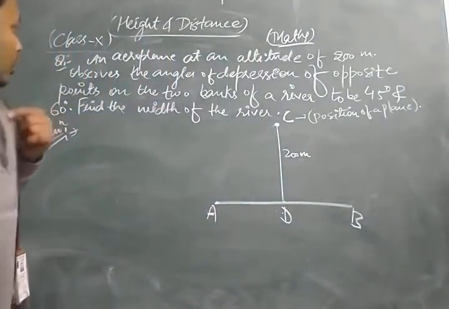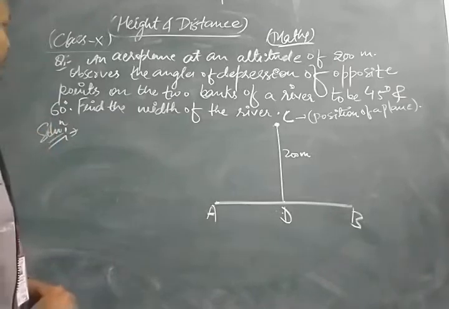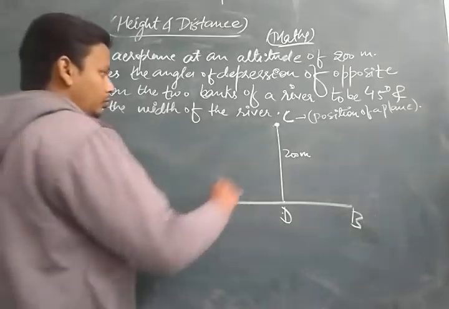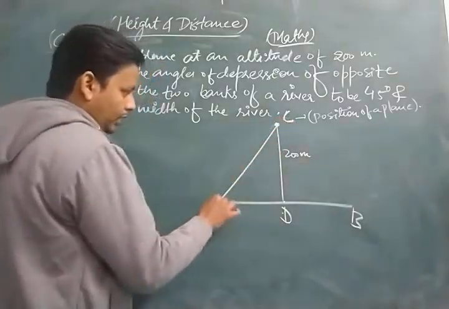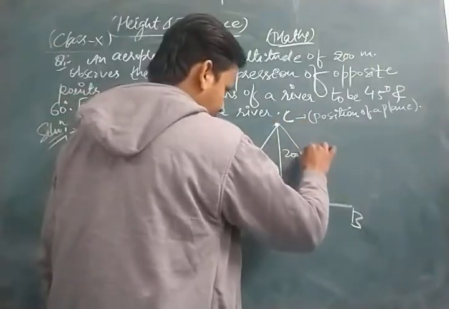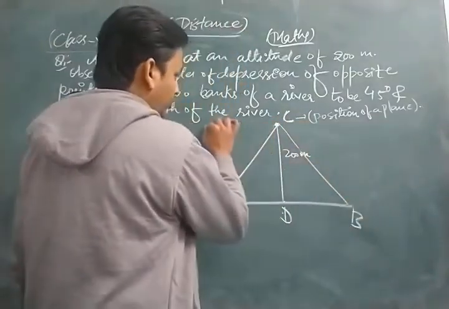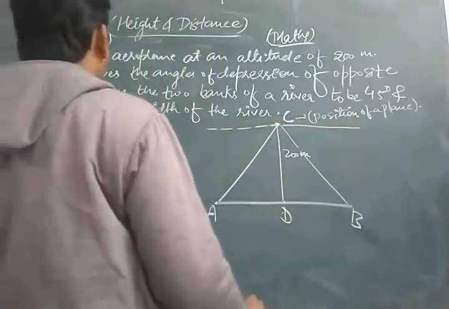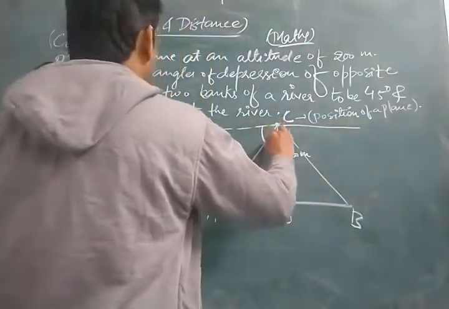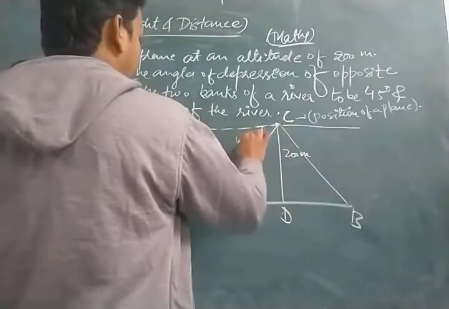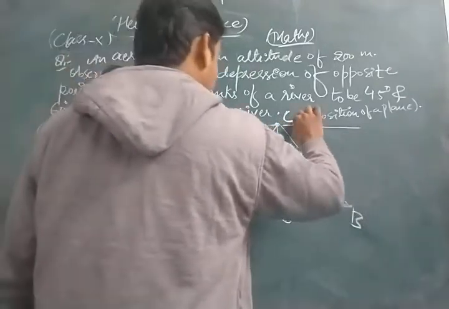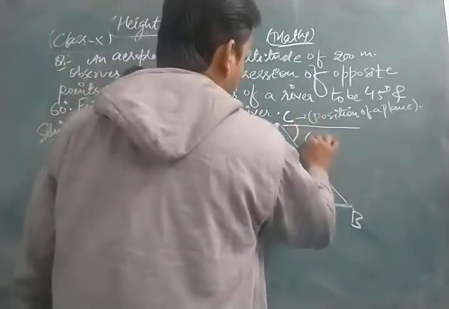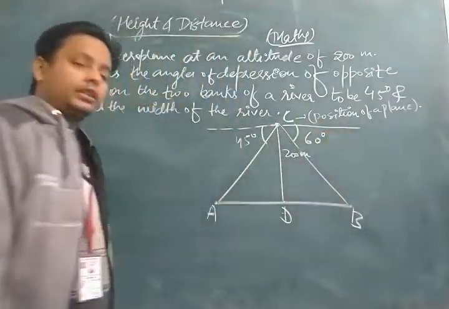So observe the angle of depression of two opposite points on the two banks. Now look, if we join them, the angle of depression of the two points is 45 degrees and this one is 60 degrees.